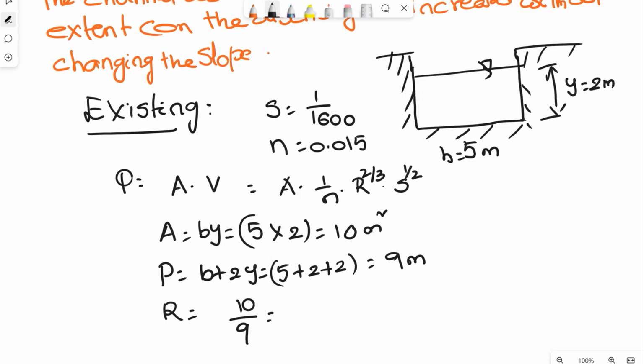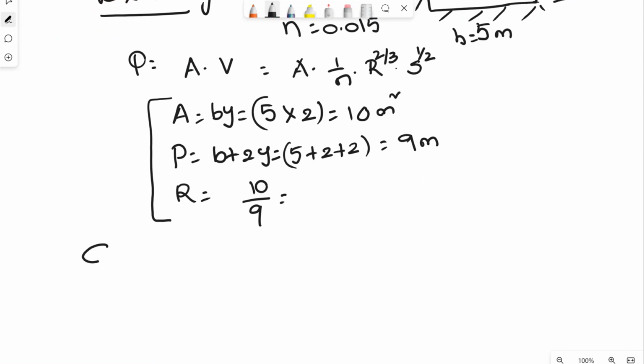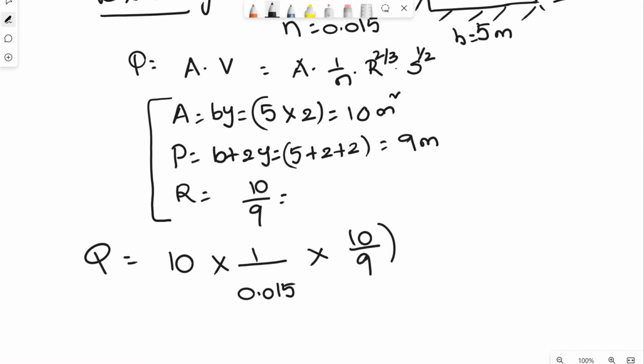Now knowing this, let us substitute in that equation. Discharge is equal to area 10, then 1 by n, which is 1 by 0.015, into R, which is 10 by 9, whole to the power of 2 by 3, into S, which he has given as 1 by 1600, whole to the power of half.